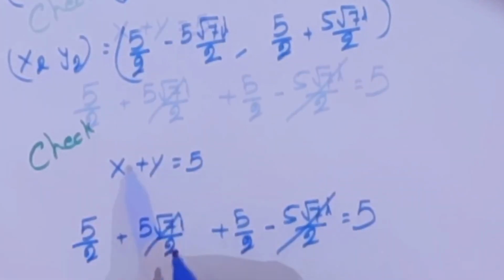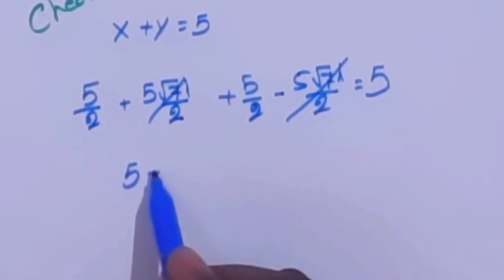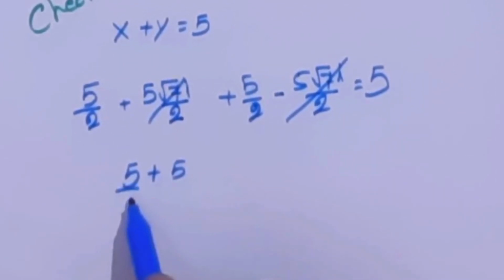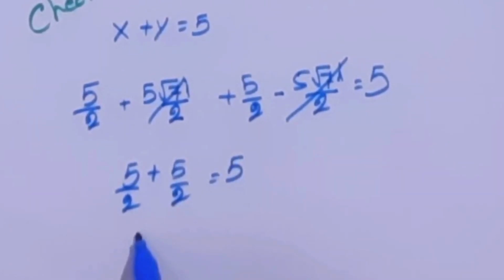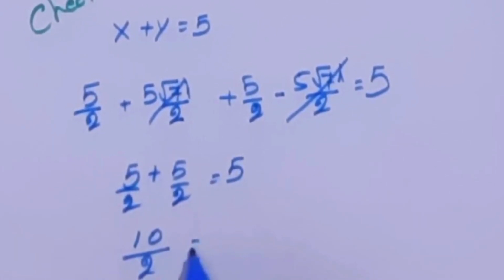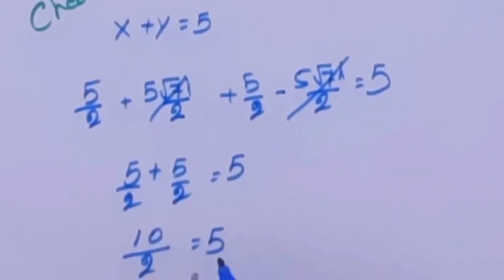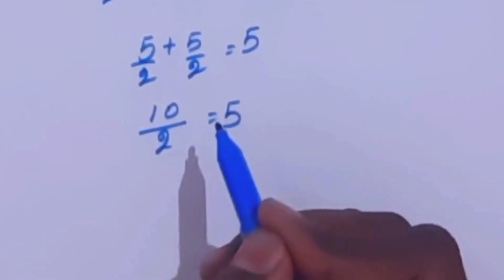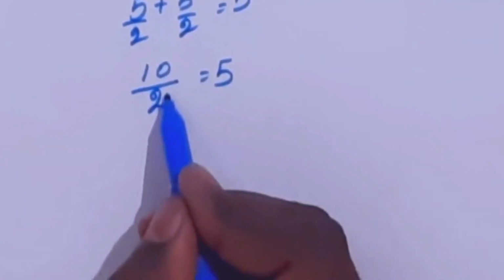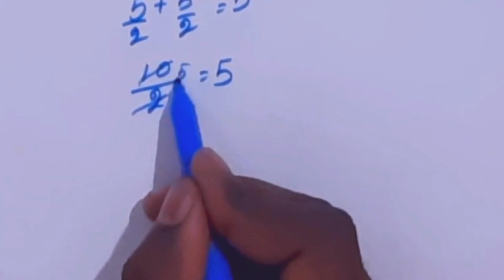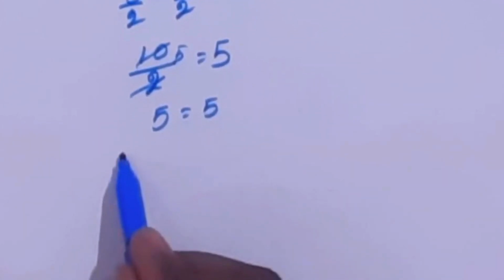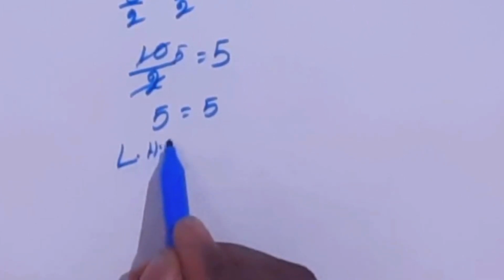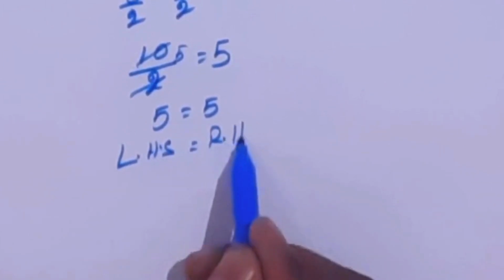This cancels this, so 5 by 2 plus 5 by 2 equal to 5. So 10 by 2 equal to 5. This simplifies, so we have 5. So 5 equal to 5. So LHS equal to RHS.